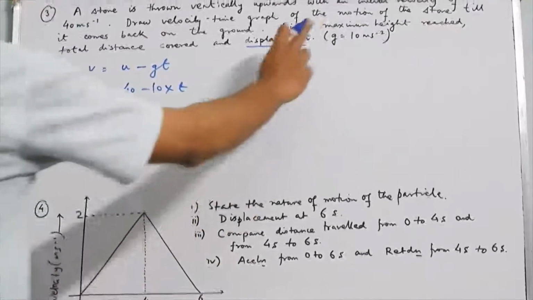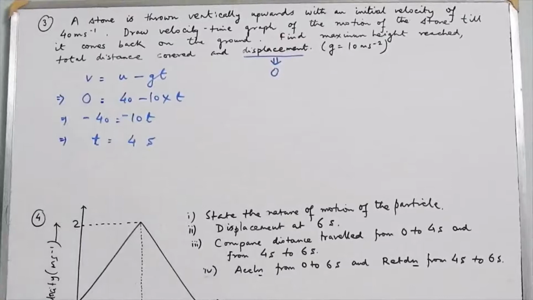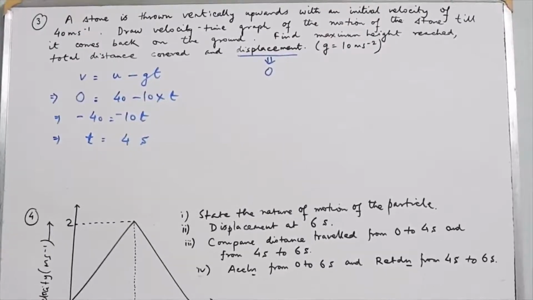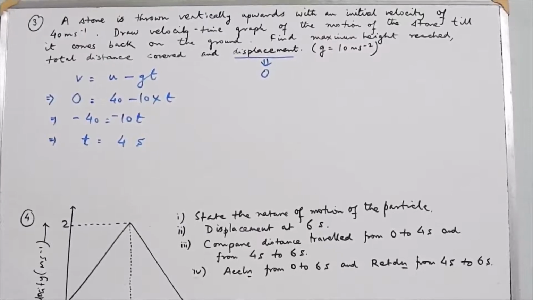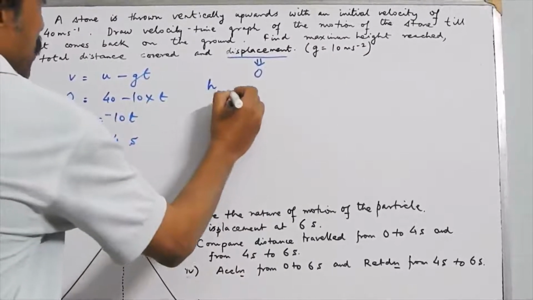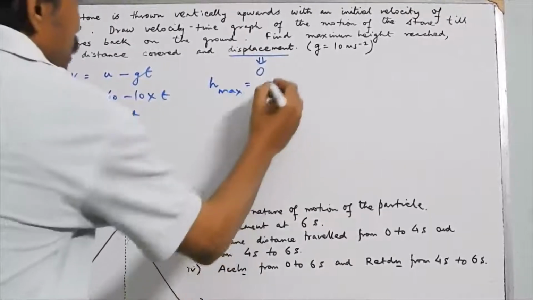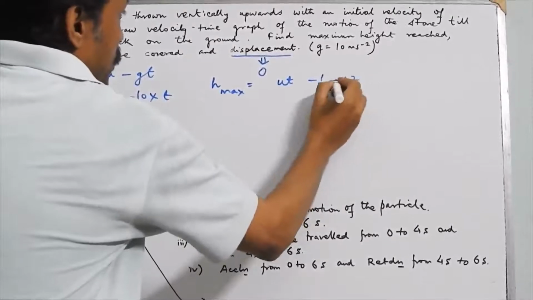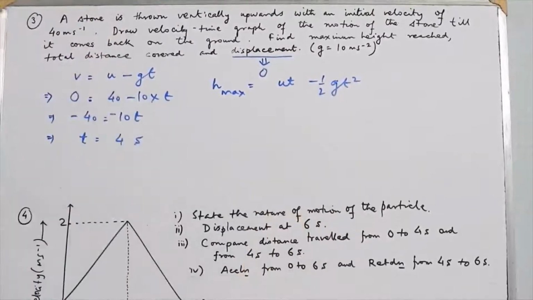So you have to find the maximum height. Then again you can use the formula h equal to ut plus half gt square. So h max, the maximum height, is equal to ut minus half gt square, because for the vertically upward journey it is uniformly retarded.